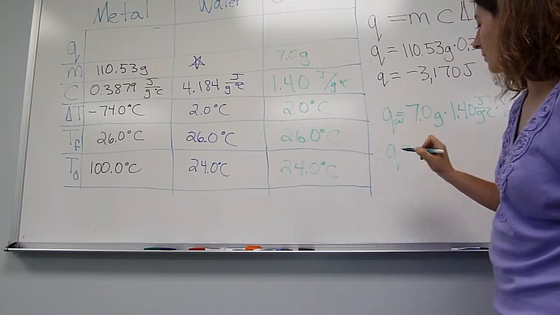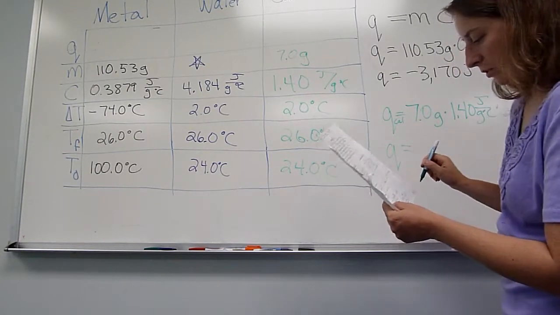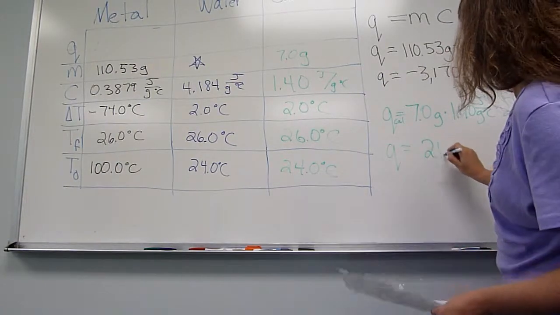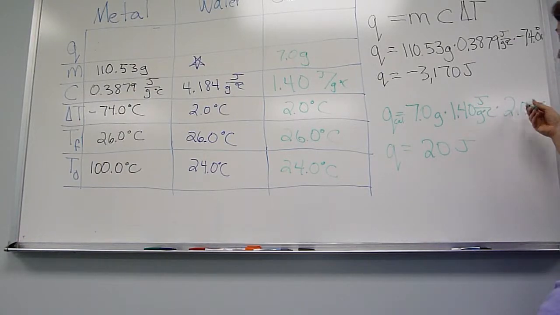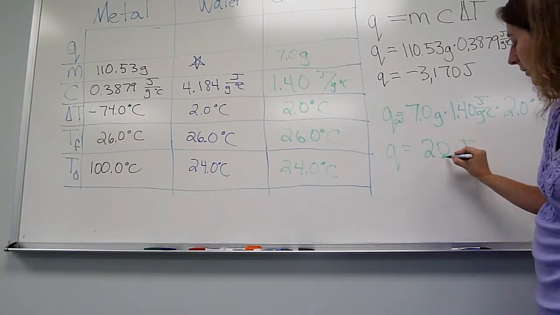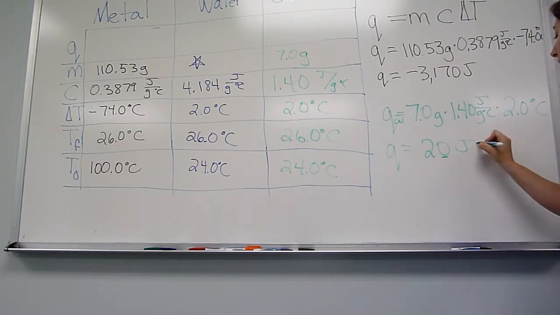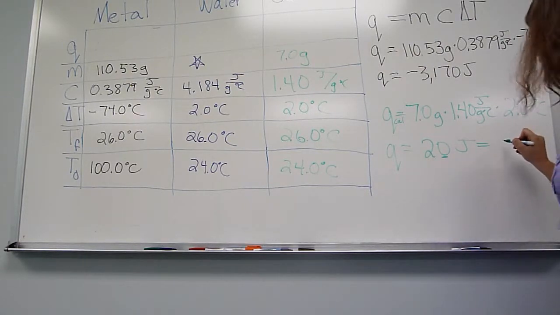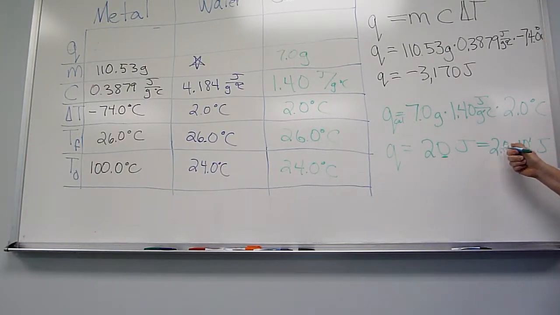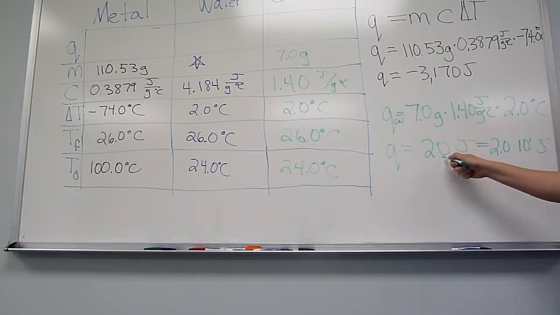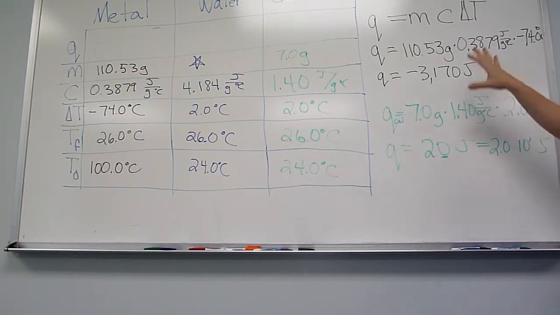So the heat gained by the calorimeter is going to come out when you type that in to 20 joules. If we look at significant figures, we have 2 here, 3 here, 2 here. We need to have 2 significant digits because there are 2 here and 3 here. We can round to 2. So to write that for significant figure purposes, you would have to write 2.0 times 10 to the 1 joules to show that both are significant. I'll put the little line under the 20 to show that it is significant.